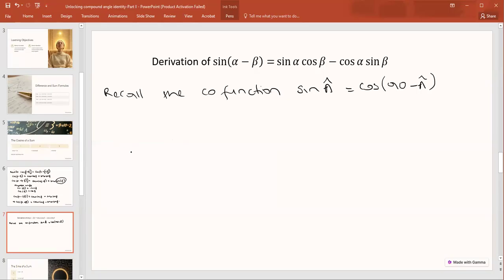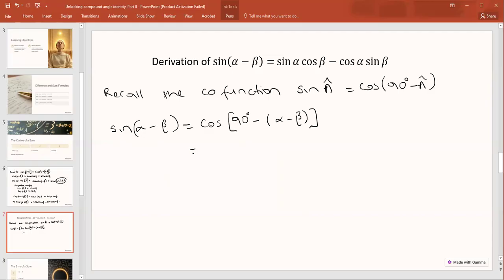So we can now rewrite our sine of alpha minus beta as cosine of 90 minus bracket alpha minus beta. Okay, 90 degrees here. Don't forget to write your degrees.